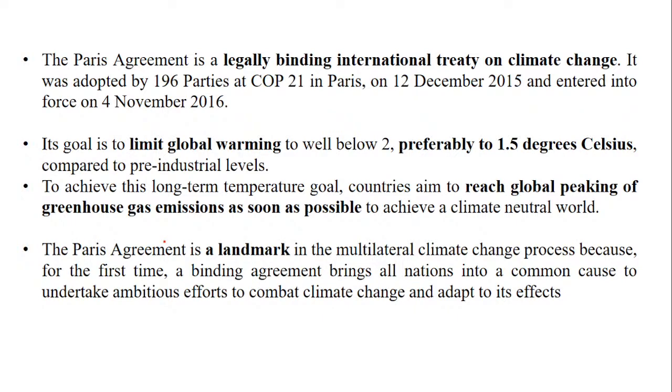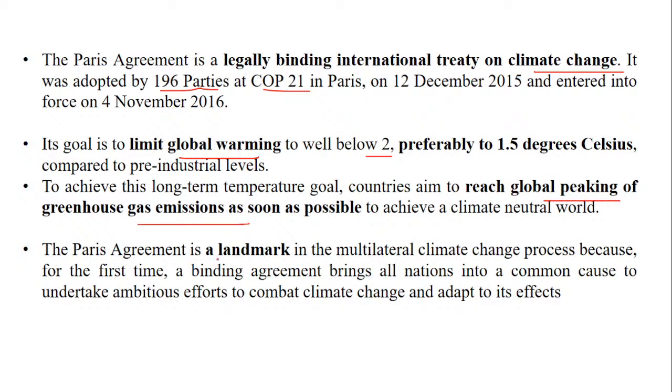Okay, we are talking about what? The Paris Agreement, a legally binding international treaty on climate change, adopted by 196 parties at Conference of Parties 21 in Paris, and it entered into force in November 2016. Now basically it had a goal of what? Global warming below 2, preferably 1.5 degrees Celsius, and reaching global peaking of greenhouse gas emissions.